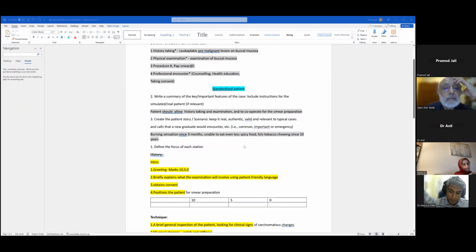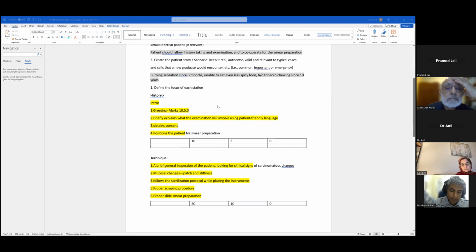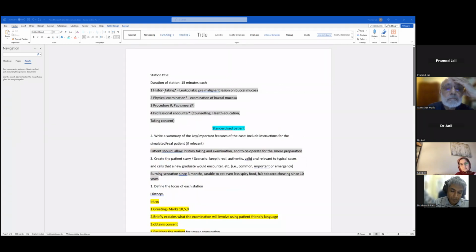Regarding that case, the clinical features, that is, burning sensation, being unable to eat spicy food, and a history of tobacco chewing for 10 years, all these things I had written as information for the examiner itself. And I could make 4 stations.